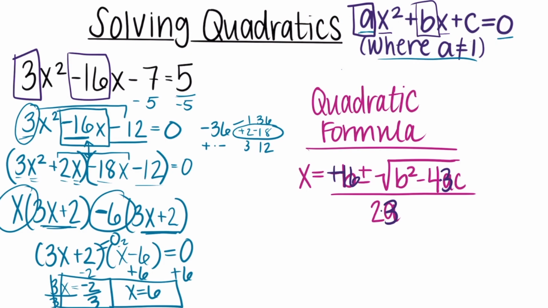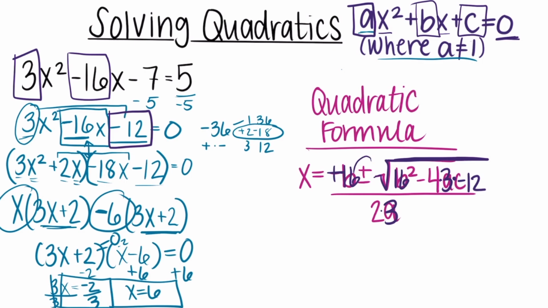And then in there where we have the b squared, we'd also put our -16. And lastly, c, our constant, which we have to be careful because it's your constant when it's set equal to 0. So we would be using that -12, not -7. So where there's that c, we would be multiplying it by -12.